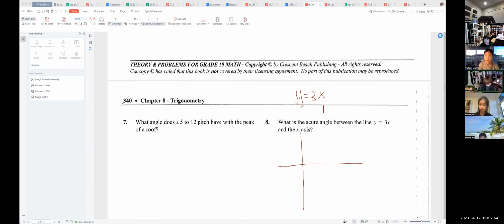When x equals 1, y equals 3. Correct? And when x equals 0, y equals 0.